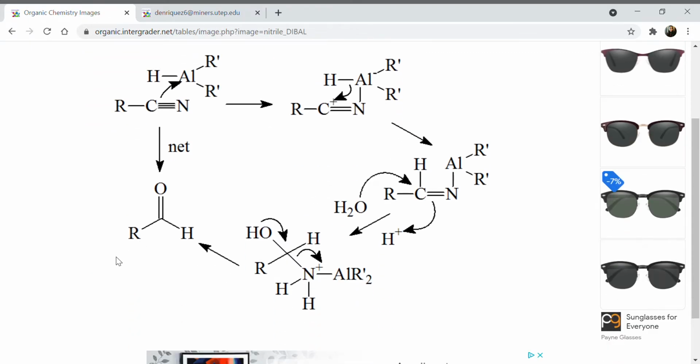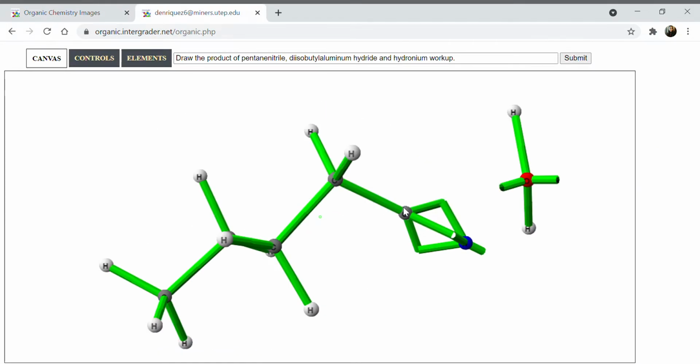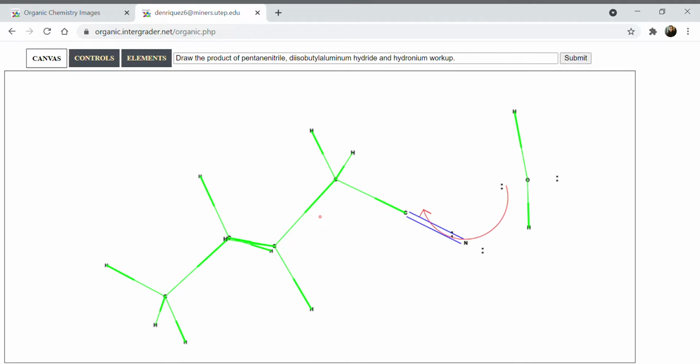And I see the net reaction when dealing with this carbon that's triple bonded to the nitrogen. It has a double bond to oxygen, single bond to carbon, and hydrogen. So I'm dealing with this carbon here. I'll go ahead and use my hydrolytic function to move this away. And I'll go ahead and attach this.